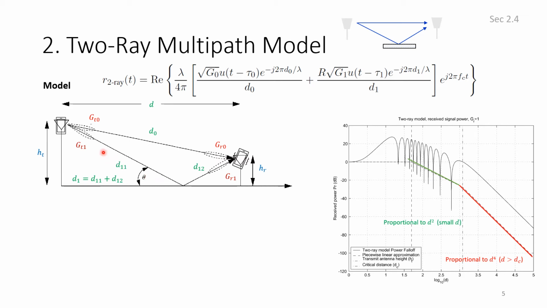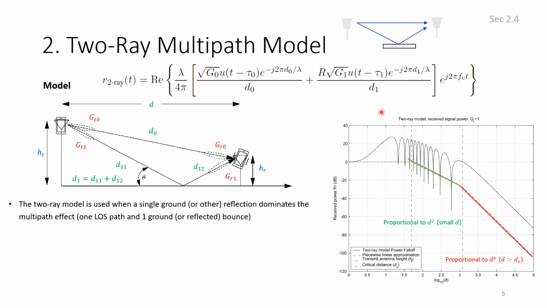The first part is similar to the equation we had in the previous slide, but then we add another one, which is given here. This equation is for the second path. We can do a little geometry and show that the two paths could add up constructively or destructively.